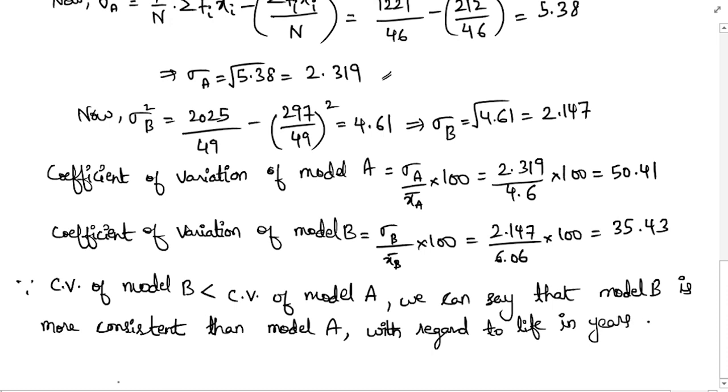Hence, we suggest model B for purchase. Okay. So did you understand how we have calculated this?